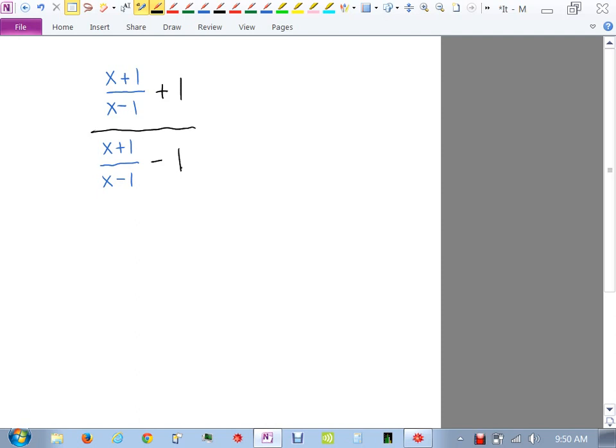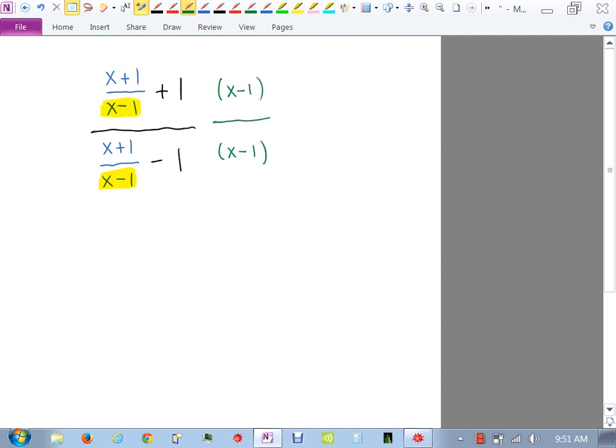Now, this actually works out a little bit nicer now. Because these are the same, you can do exactly what I did last class, which was, does anyone remember? Multiply top and bottom by x minus 1. So I can multiply the entire top by x minus 1, the entire bottom by x minus 1.